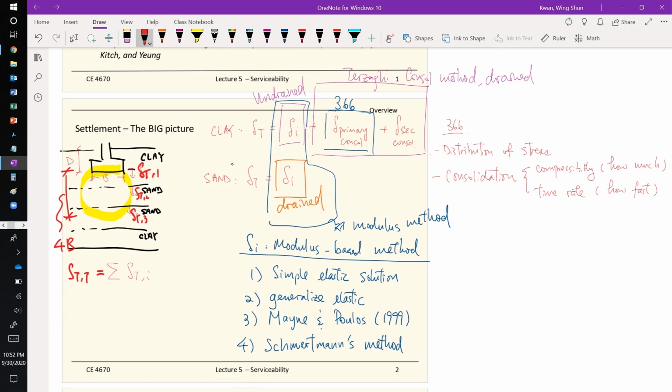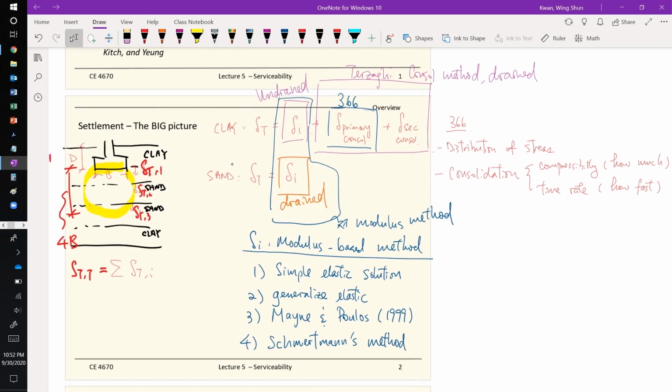And the big picture is your design. You need to make sure the total settlement of the site is less than the allowable structural settlement for the structure. So you need to make sure the structure can handle the deformations.